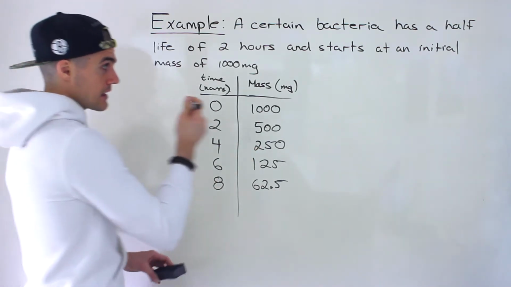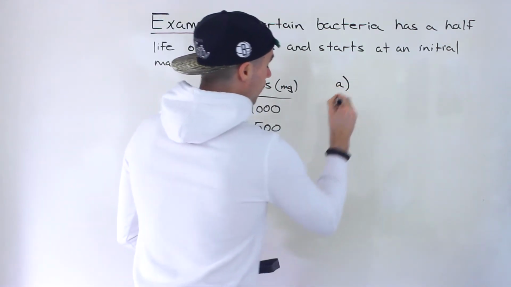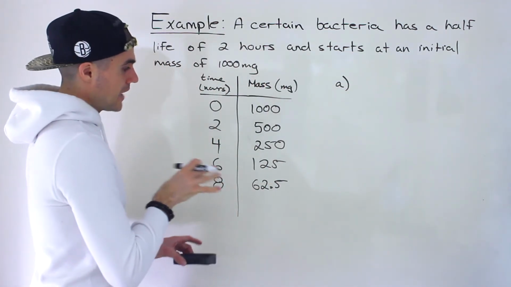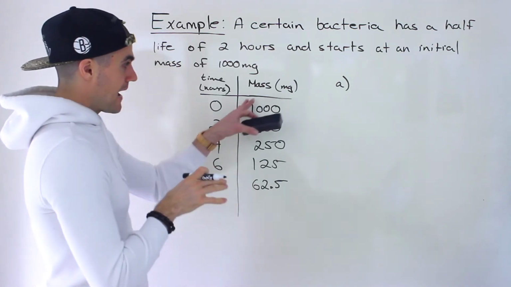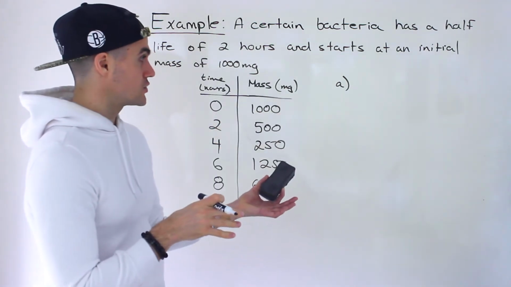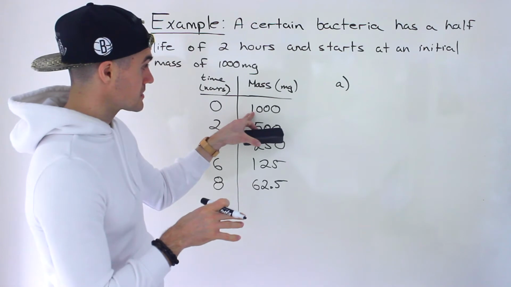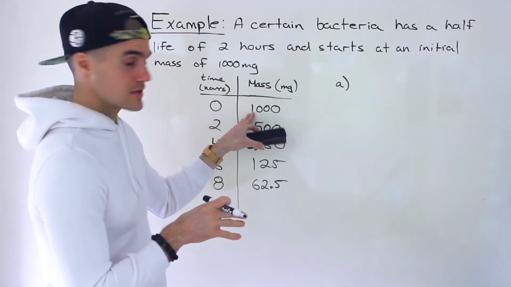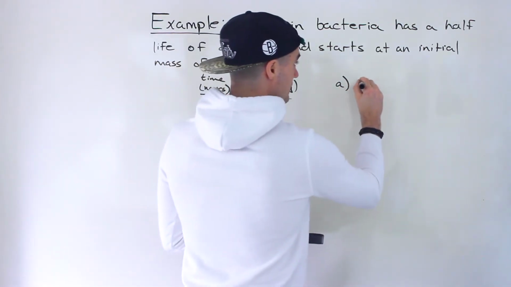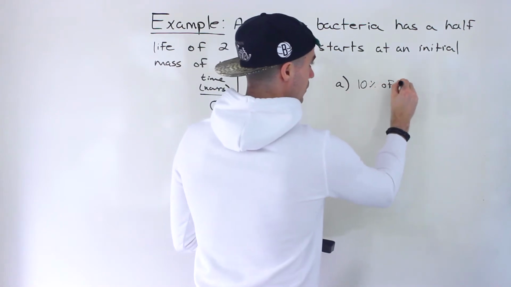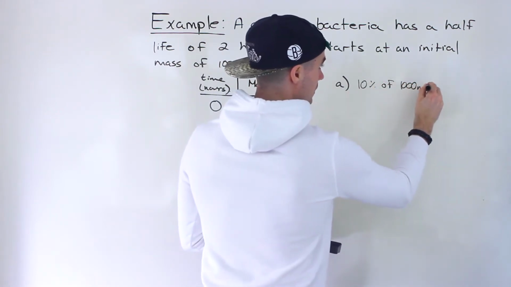Now, in part A, we're asked, after approximately how many hours is the mass going to be 10% of its initial mass? Well, the initial mass is 1,000. So what's 10% of 1,000 milligrams?